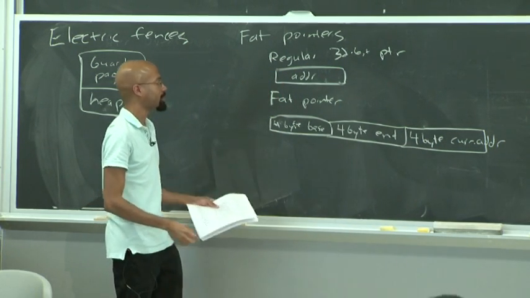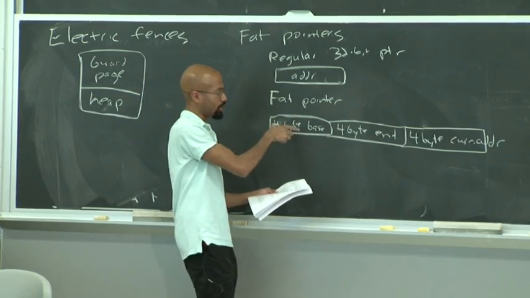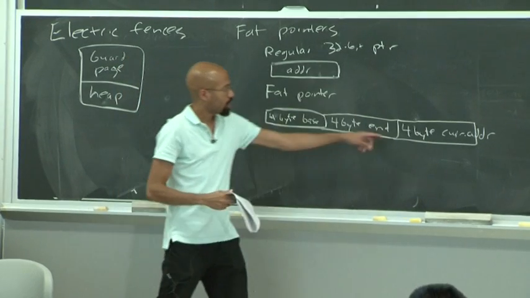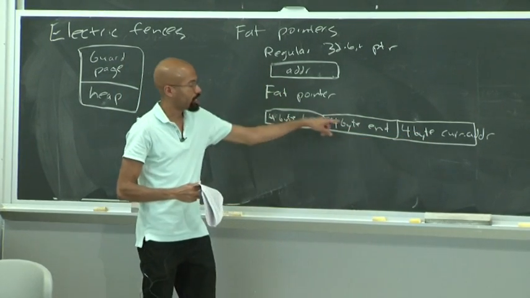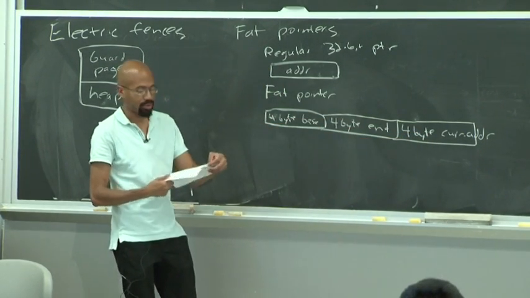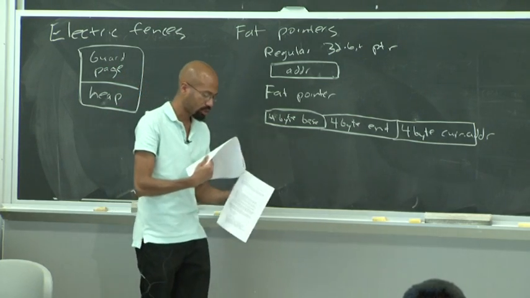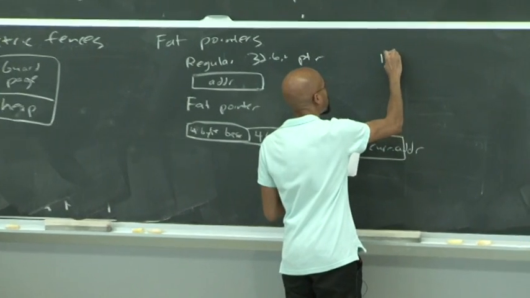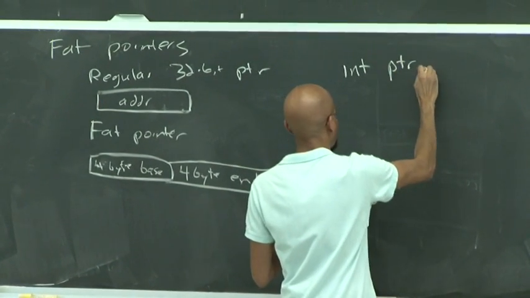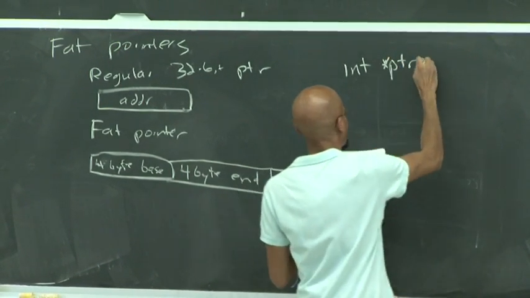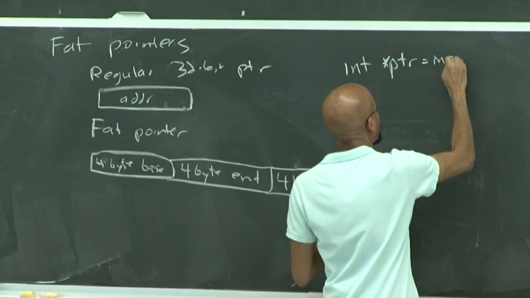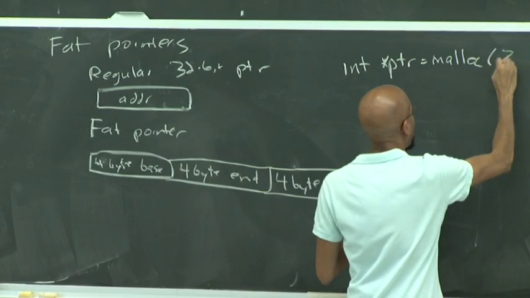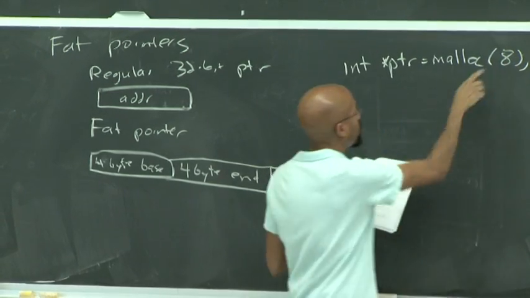So basically what happens is that the compiler will generate code such that when you access these fat pointers, this gets updated, but it'll also check these 2 things to make sure that nothing bad has happened during that update. For example, imagine I had code like this: I have an int pointer, and then I allocate 8 bytes.